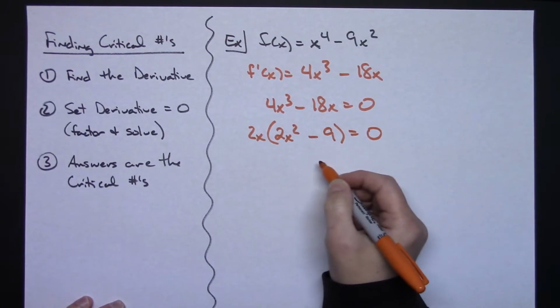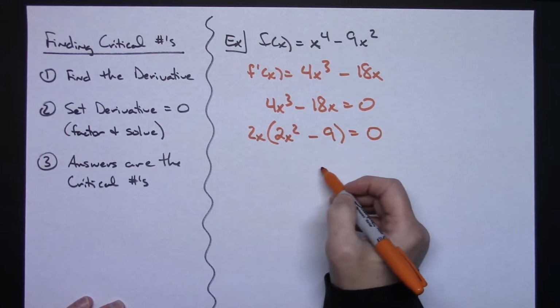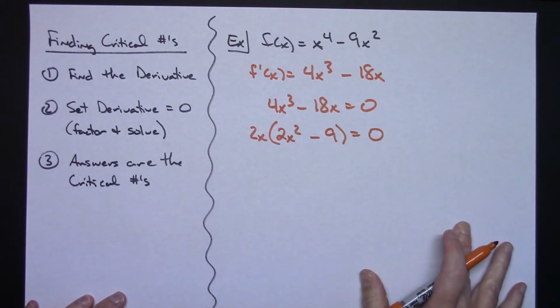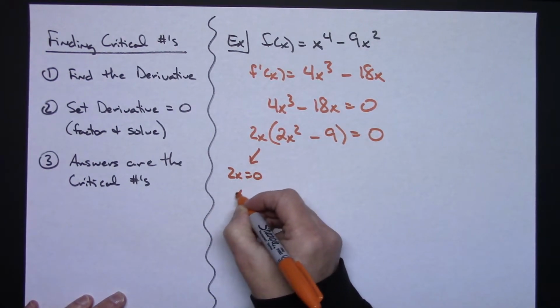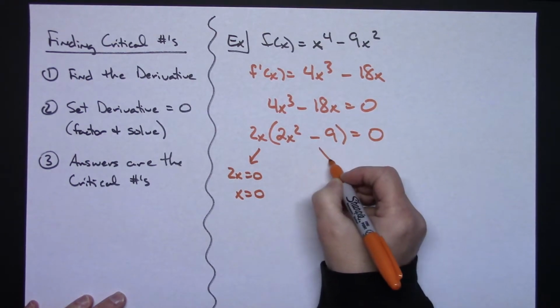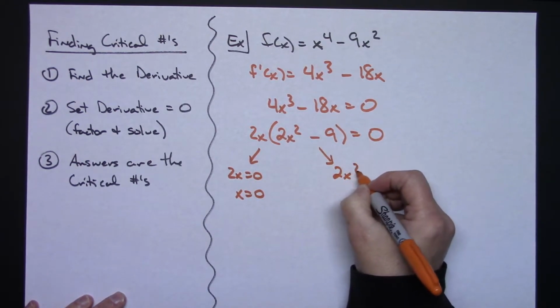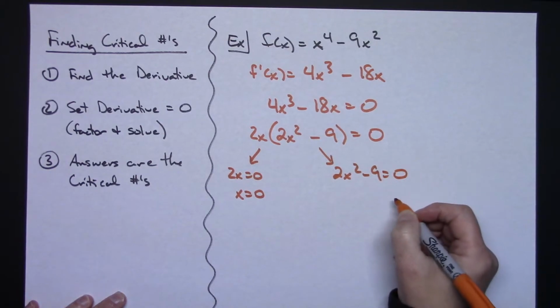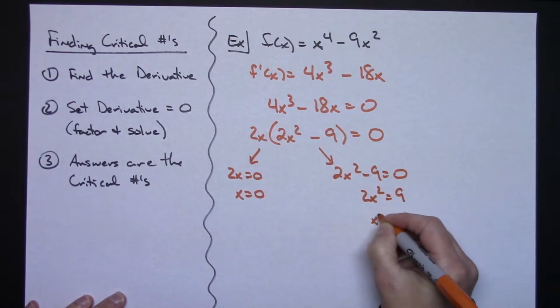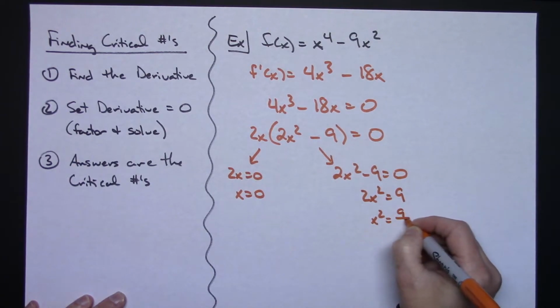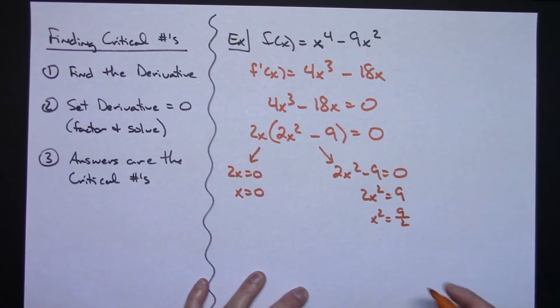At this point you use the zero product principle, where you set both of those factors equal to 0 to continue solving. If I set 2x equal to 0, then x equals 0. If I set 2x squared minus 9 equal to 0 and solve, I have 2x squared equals 9, so x squared equals 9 halves. Let's leave it as 9 halves.